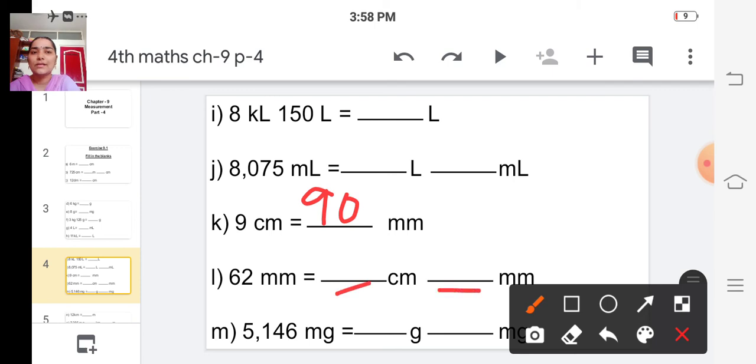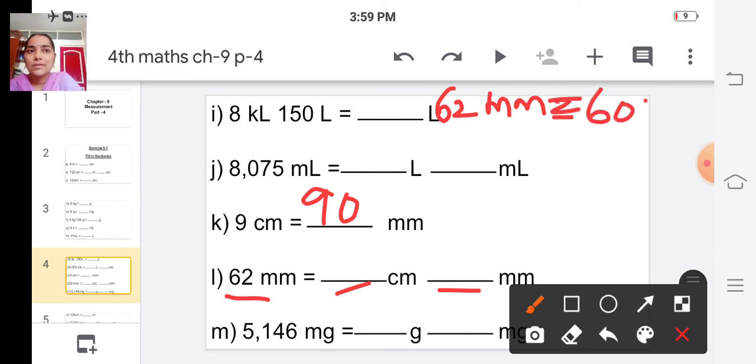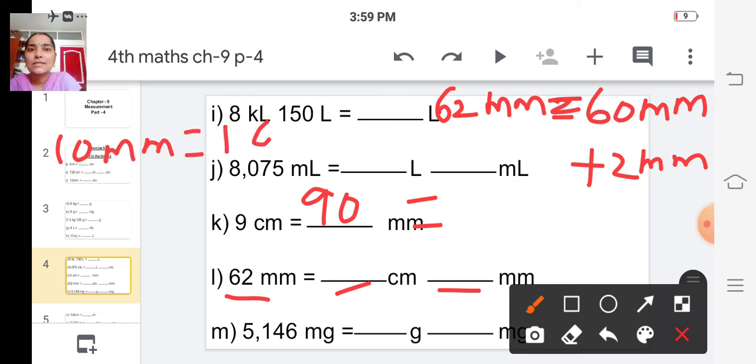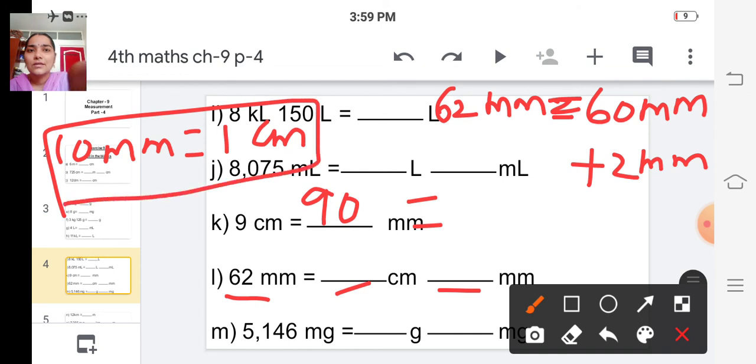The next one, 62 millimeter is equal to dash centimeter and dash millimeter. So here two dashes are there. So what we have to do? We have to split. So 62 millimeter can be split into 60 millimeter plus 2 millimeter. And we all know that 10 millimeter is equal to 1 centimeter, right? Then 60 millimeter will be 6 centimeter.